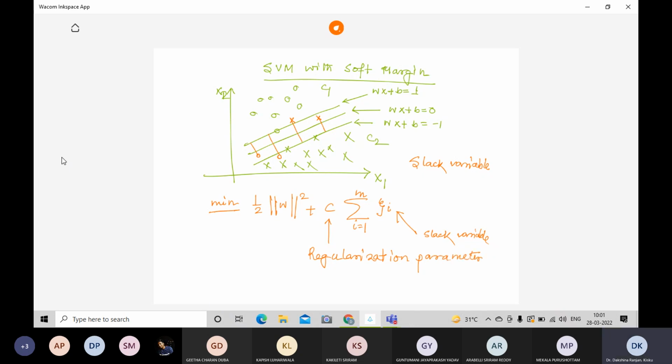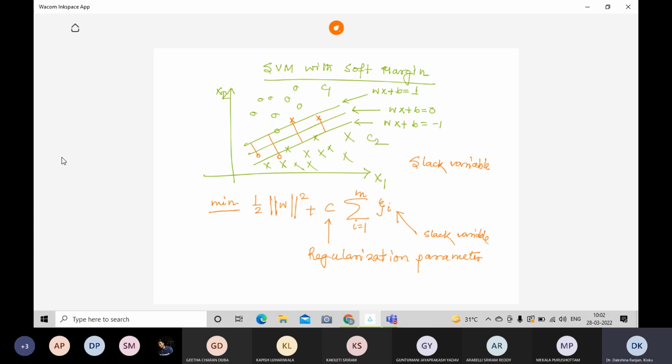This regularization parameter C controls the trade-off between maximizing the margin and minimizing the loss. When we maximize the margin between C1 and C2, at the same time we need to minimize the loss due to the misclassified examples.